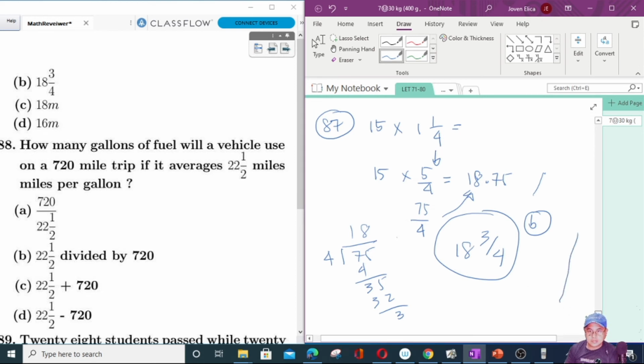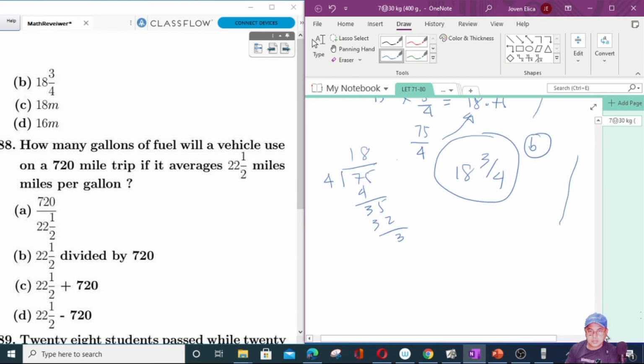Okay, so number 88. How many gallons of fuel will a vehicle use on a 720-mile trip if it averages 22.5 miles per gallon? So this is just a matter of conversion.